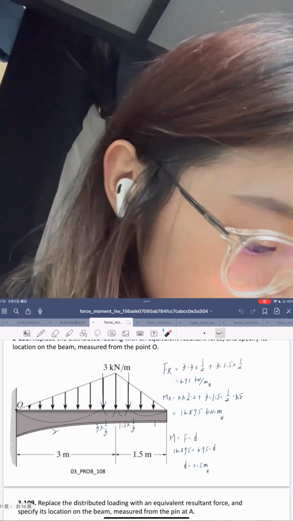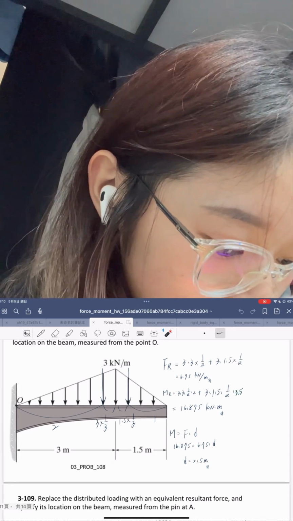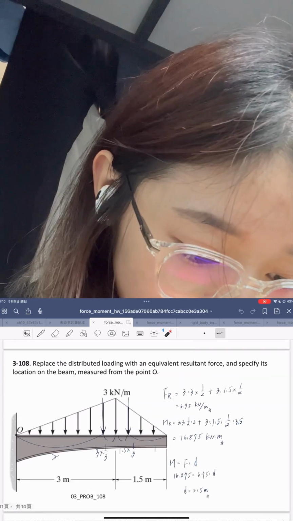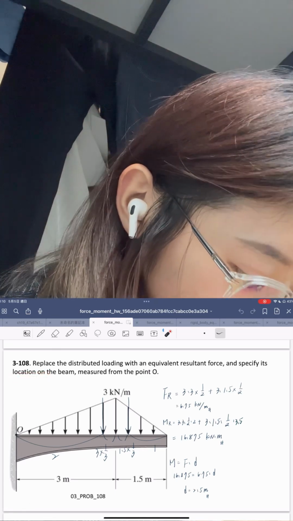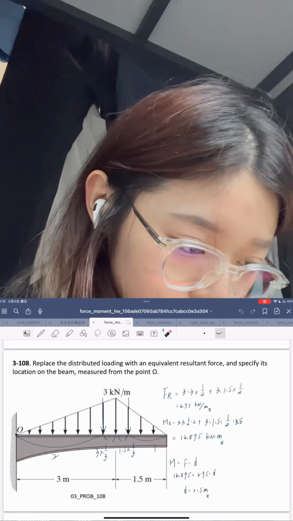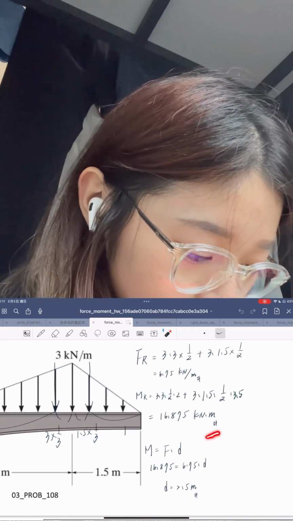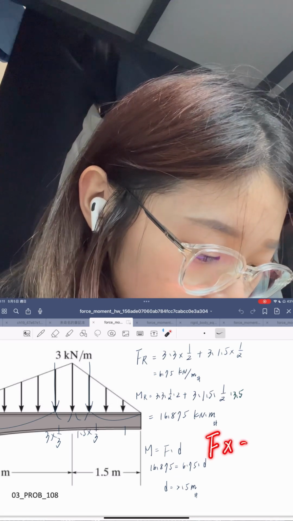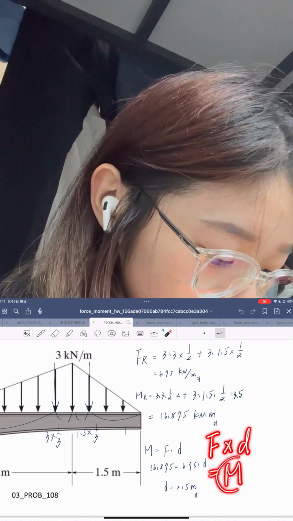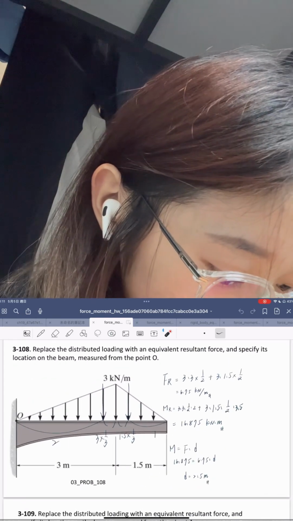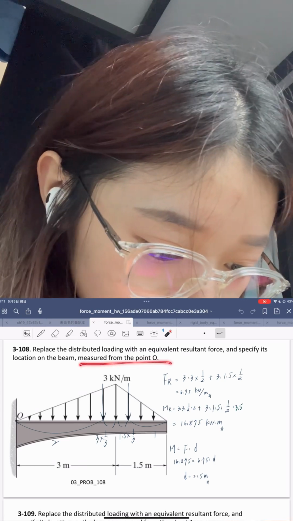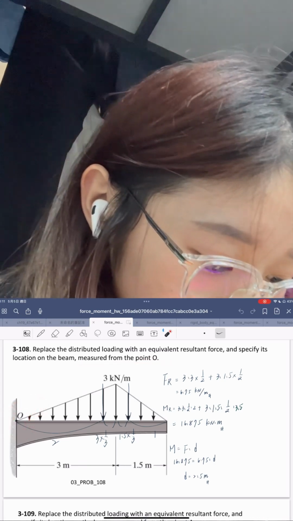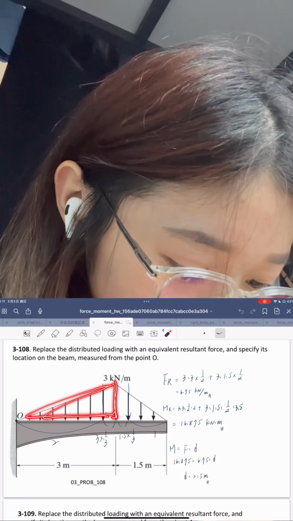So the resultant force is 6.75 kilonewton, and we have to know the location. Just like up to here, we have to know the moment, because we measure from point O. With this area, we have the total force.